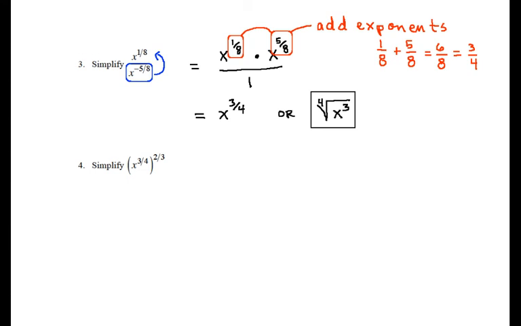Looking at this next example, I have these two powers. This is a power to a power situation, and I want to recognize this being the property of exponents that requires us to multiply the exponents.